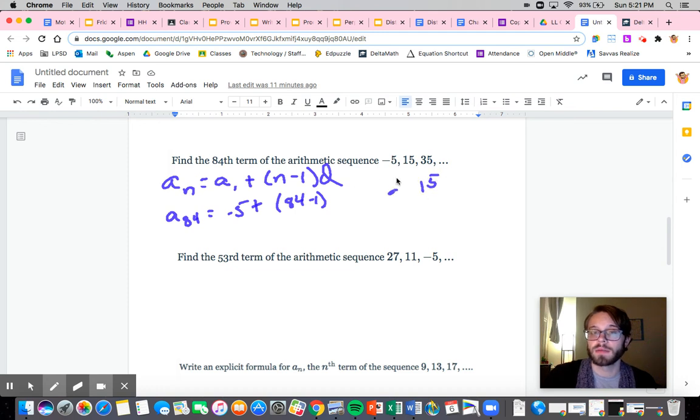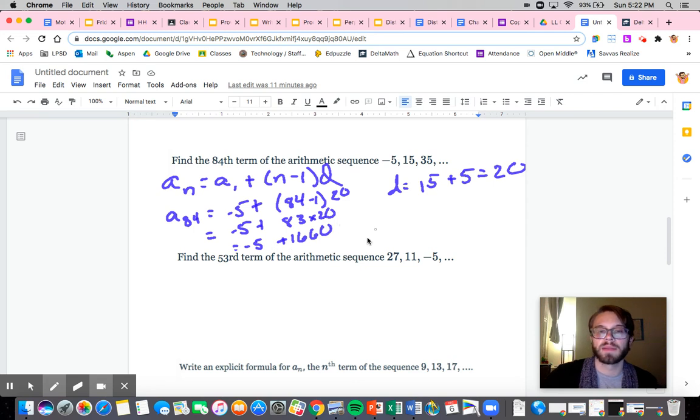It's 15 minus -5, which is +5, so it's 20. 20 times, good, that's a nice number. 83 times 20, that should be 1660. And then -5 from that. And there you go. Obviously, if I was doing it with the recursive formula, I'd be here forever.